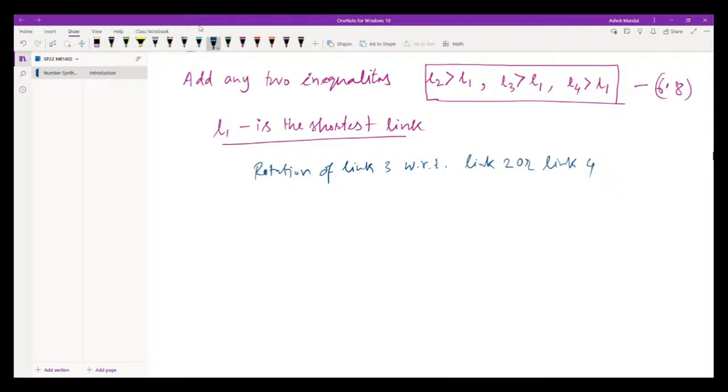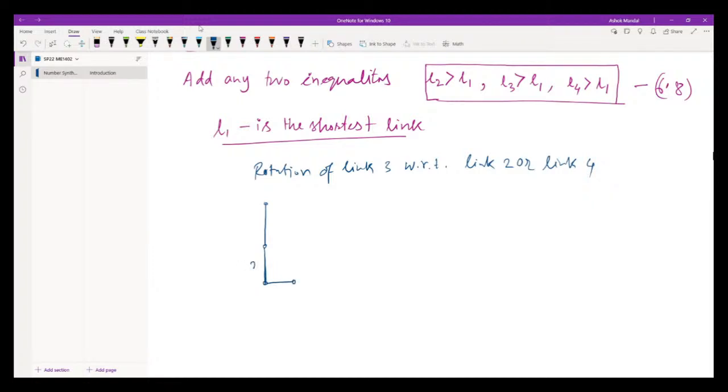So let us draw the extreme positions. When link 3 is completing a rotation with respect to link 2, there would be a configuration. Obviously, there would be a configuration like this.